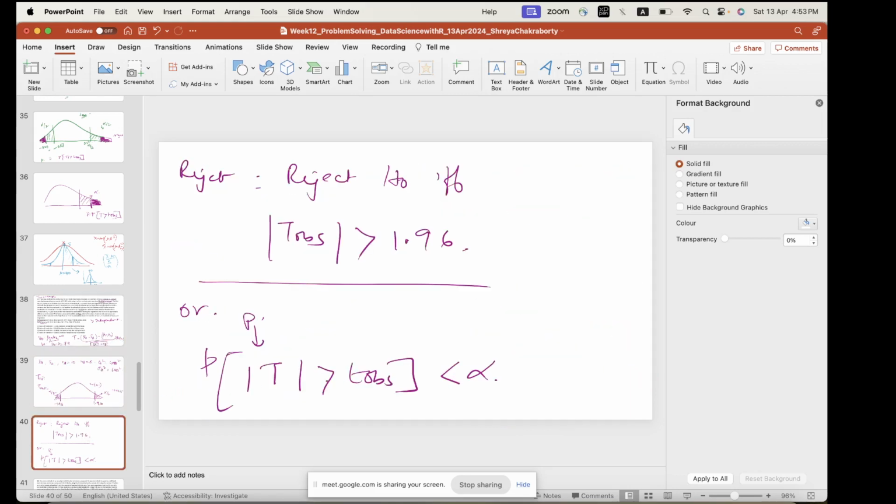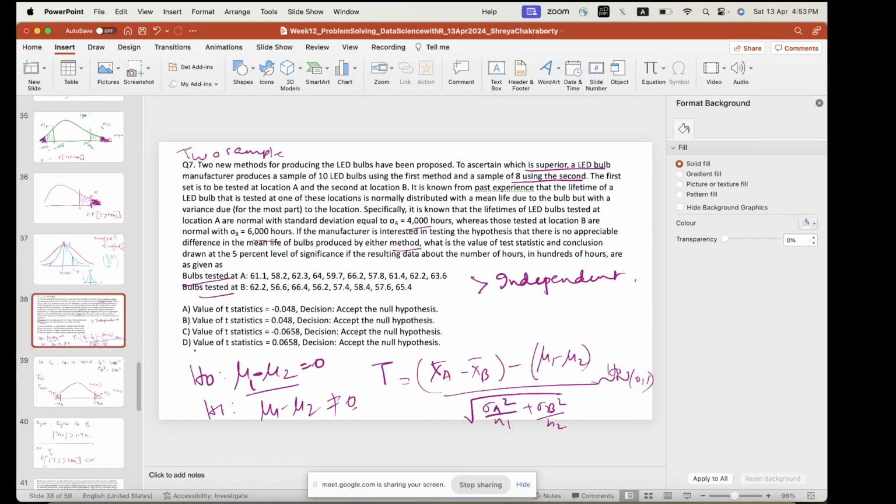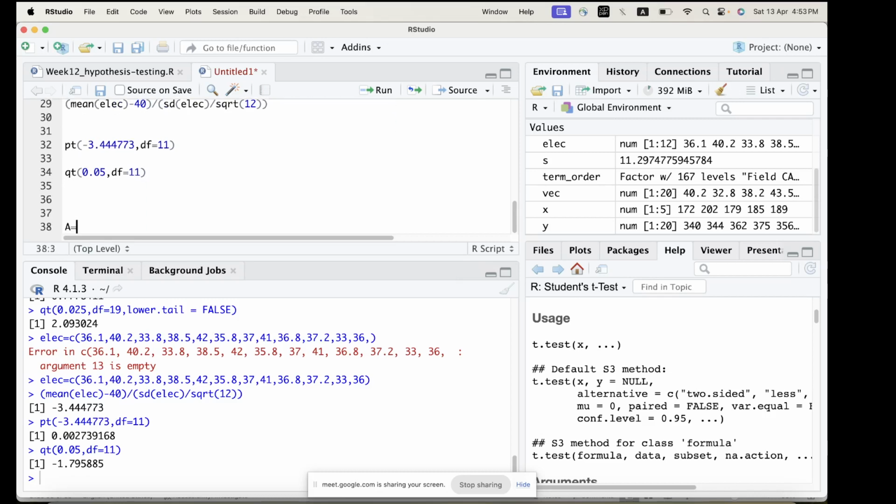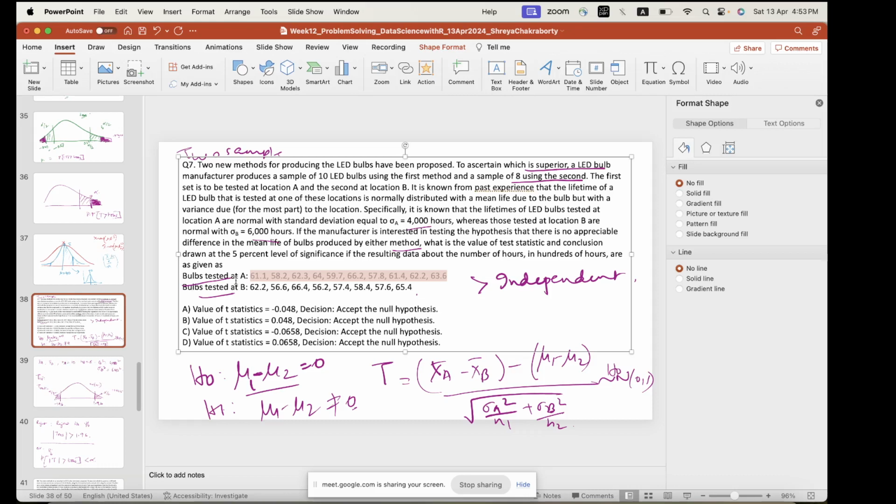We'll just try to figure out what this will be. So this is A and this is B. We'll find out XA bar and XB bar. A is this, and B is this.